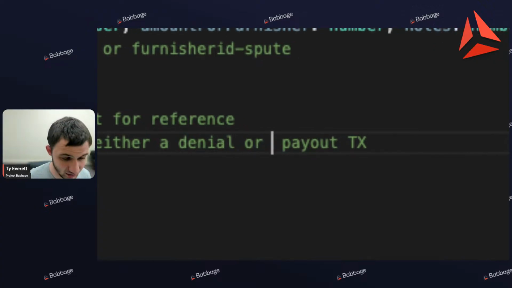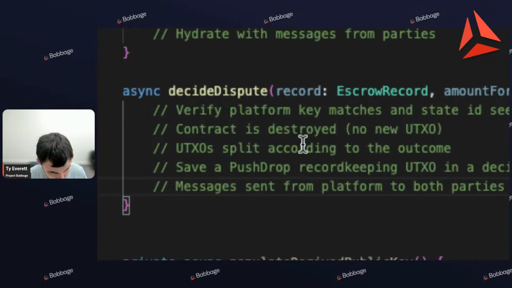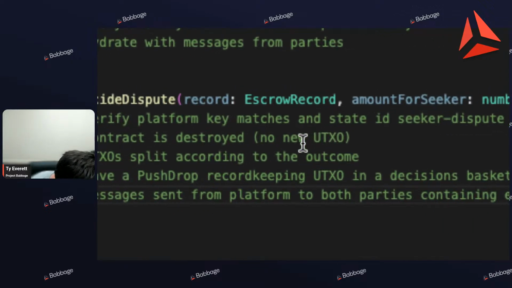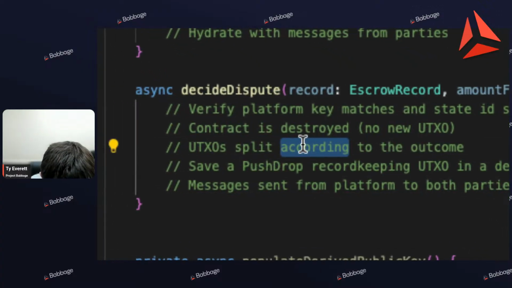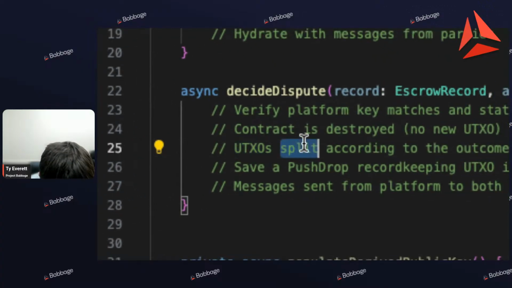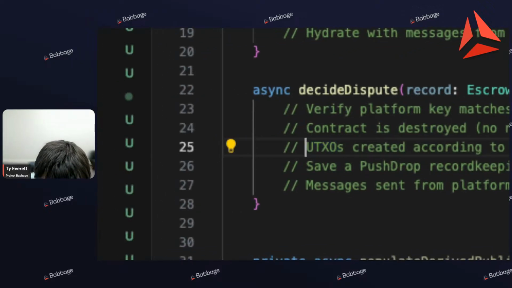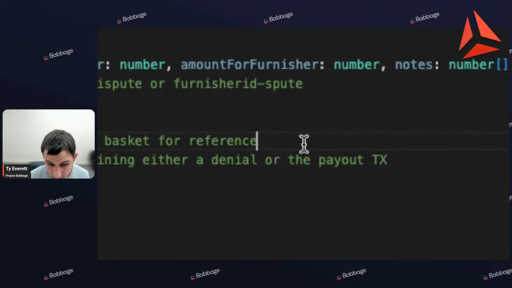And the messages sent contain either the denial or the payout transaction. New UTXOs get created according to the outcome.